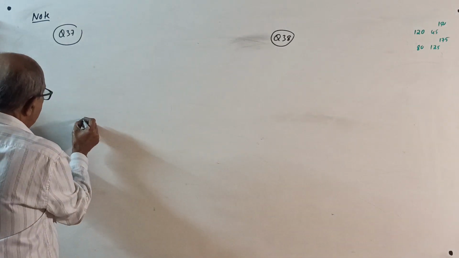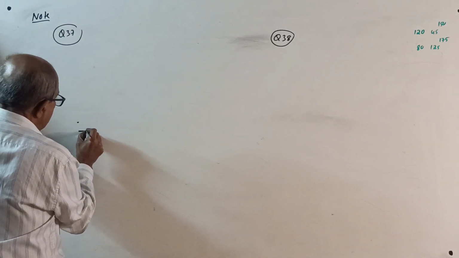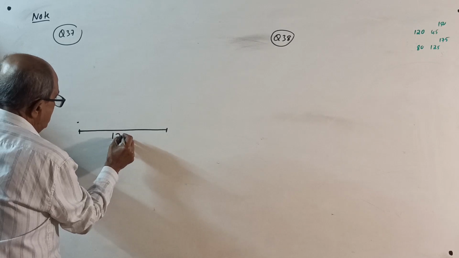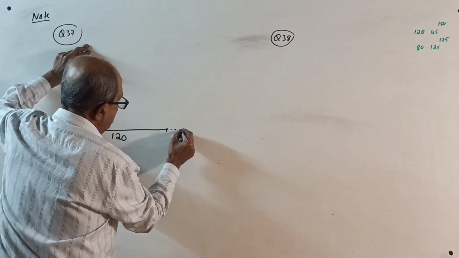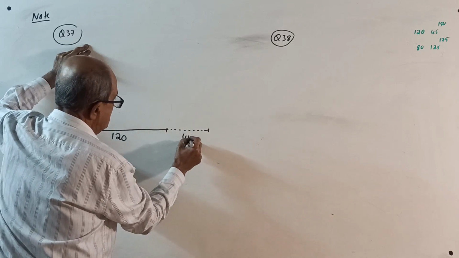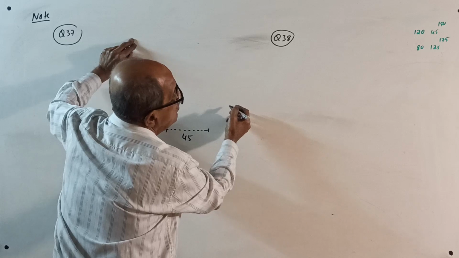120, 45. See, this is 120. This side you go by 45. Half is 45. Vertically you go by 150.